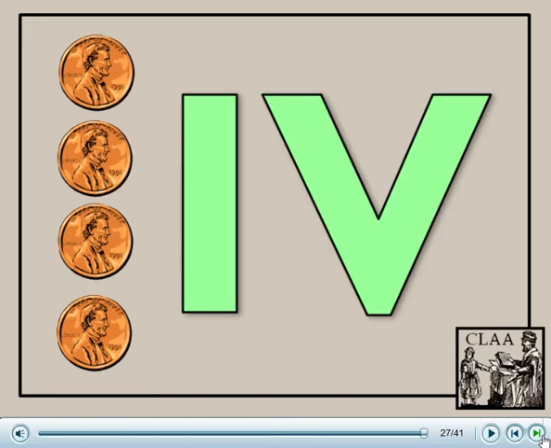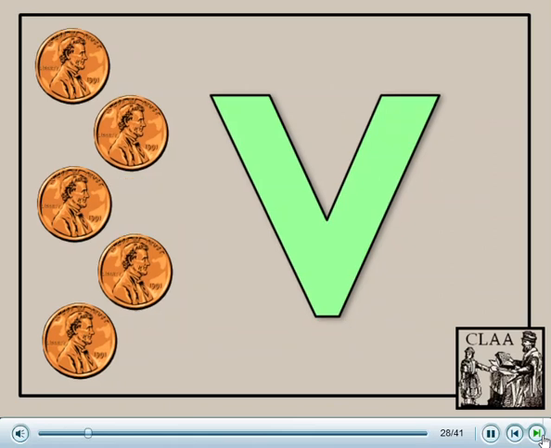We've learned that the Latin for the number 4 is quatuor. Unus, duo, tres, quatuor. We learned that the Latin for the number 5 was quinque.